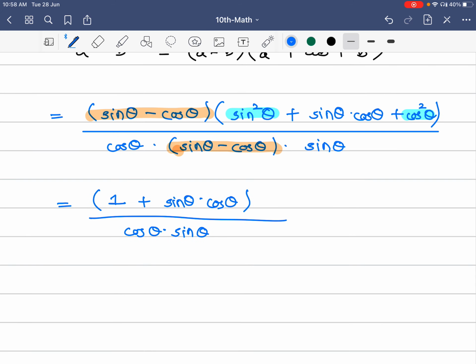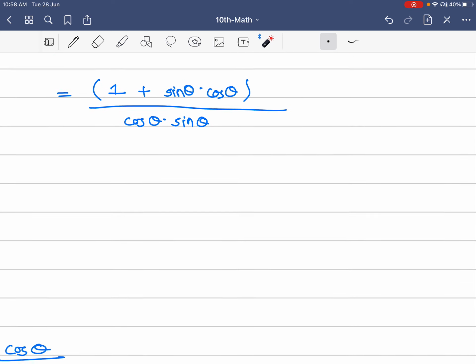So we had a lot of terms in the numerator and a lot of terms in the denominator. Now you can see it has reduced to a very small thing. The only thing remaining to do is this plus sign. So we can distribute the denominator over this plus sign.